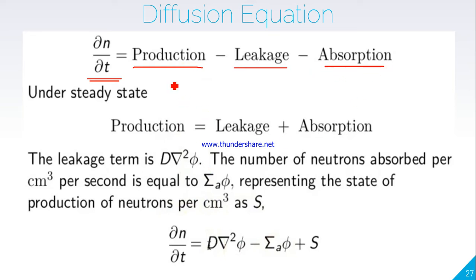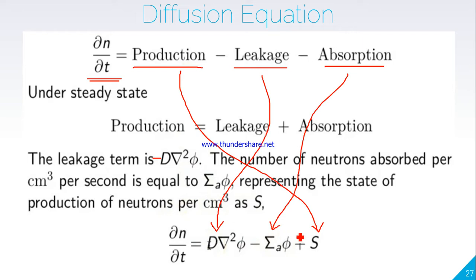From Fick's law we understand that the leakage term is this one. Here there is a minus sign, so it becomes minus plus, and this is the production term, and this term is the absorption.